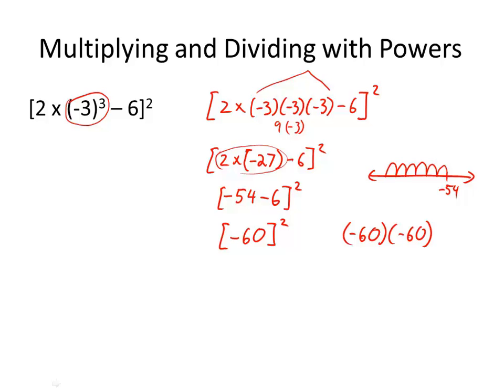So same thing. We have 2 negatives there, we know that this is going to be a positive. Now, if we go 6 times 6, that's going to be 36, and then we just add up all these zeros. So we have 1 zero and 2 zeros, and now we're just going to place 1 zero, 2 zeros at the end. So it's going to be 3,600, and that's going to be our final answer right here.